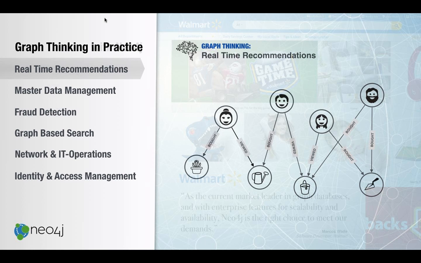But it looks like they're all buying garden supplies. You can then generalize even on the products themselves and see that all of these things are part of the garden department, and you could see that among people who know each other. So if you added to this both the social network and the product categorization, you suddenly can build a very rich recommendation system that looks for patterns of people who know each other.